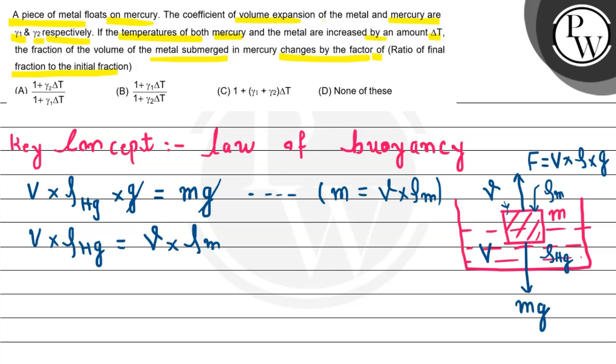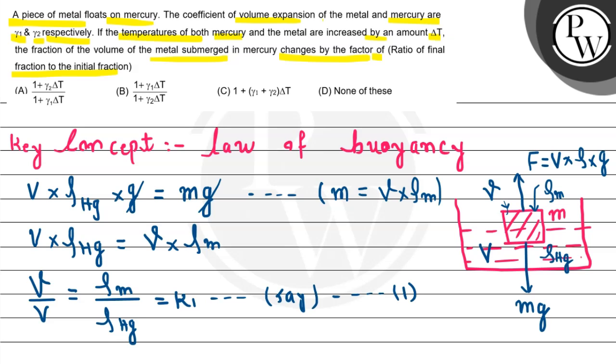Now if we try to form the ratio here, we can write small v by capital V equals rho m by rho Hg. Let's say this is k1, and let's call this equation number 1.